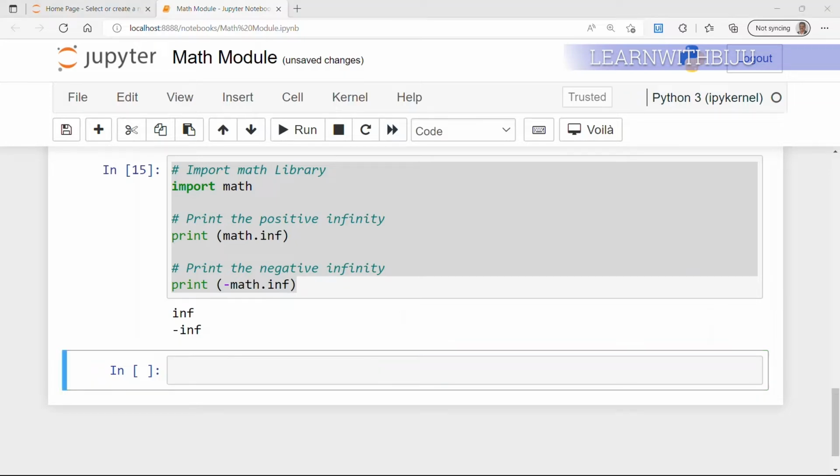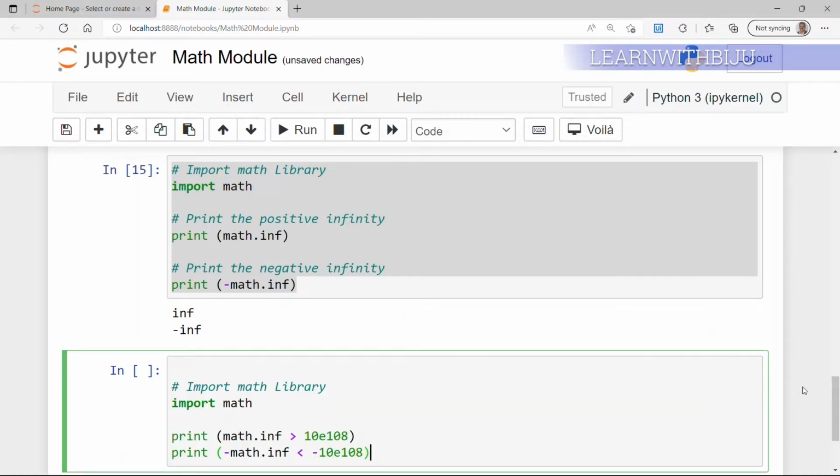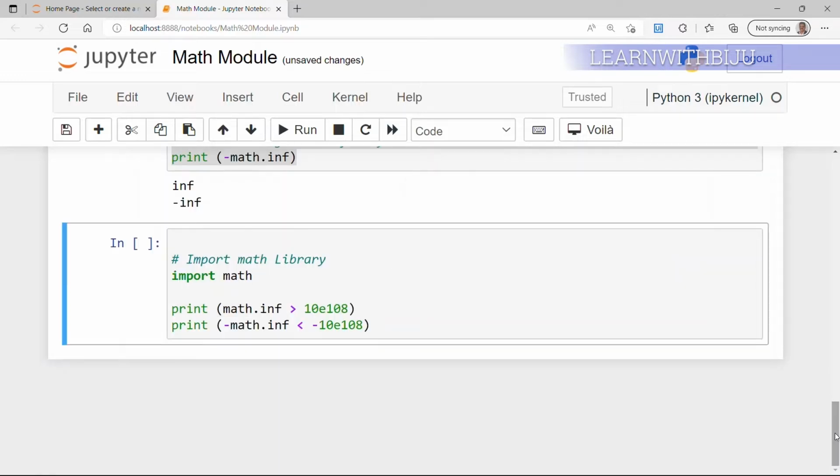Okay, write a program to compare the values of infinity with the maximum floating point value. How am I doing this? I am comparing whether math.inf is greater than the maximum floating point value, and minus math.inf is less than the minimum negative floating value. So let me print that.